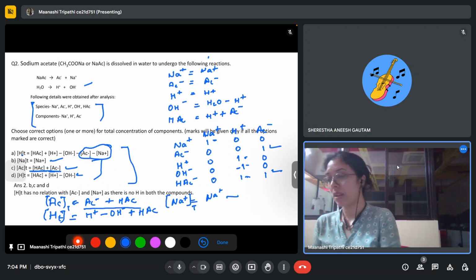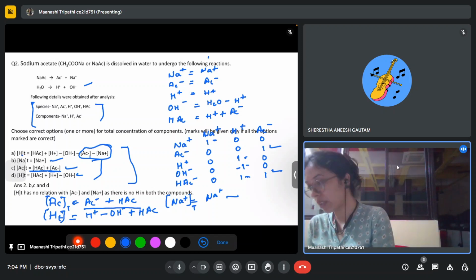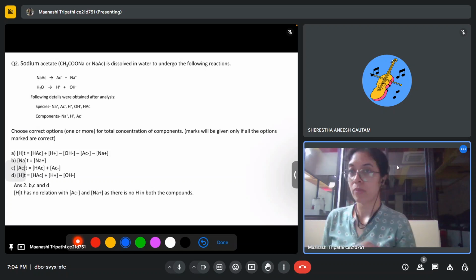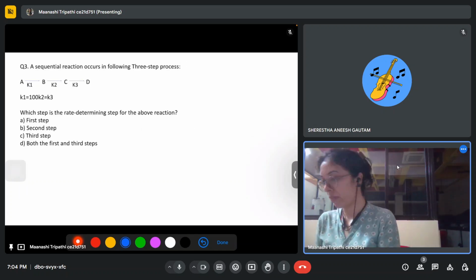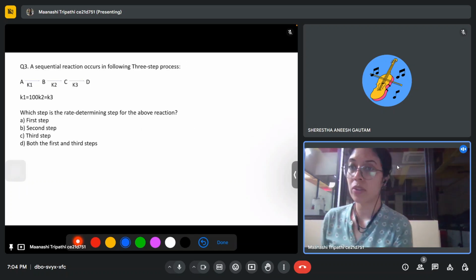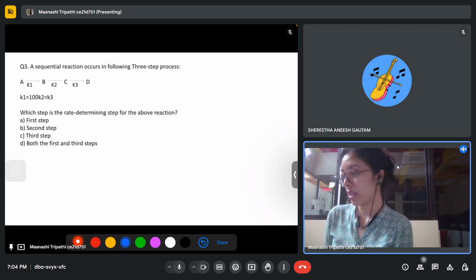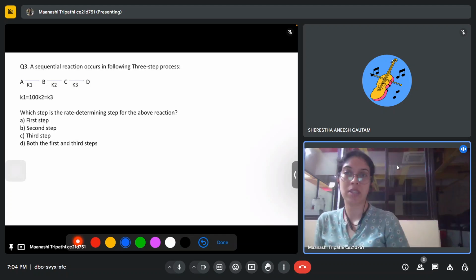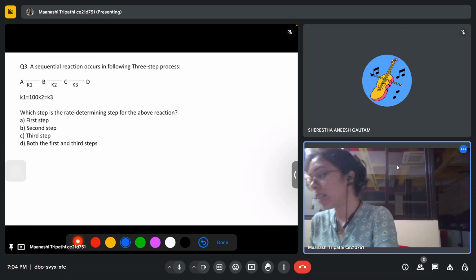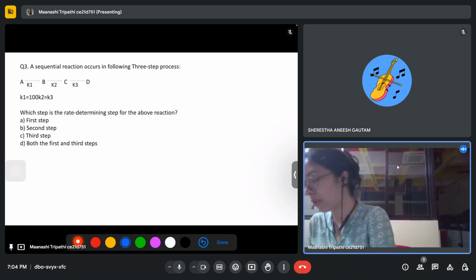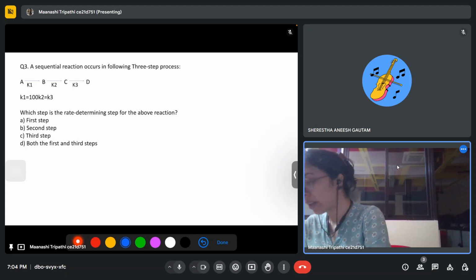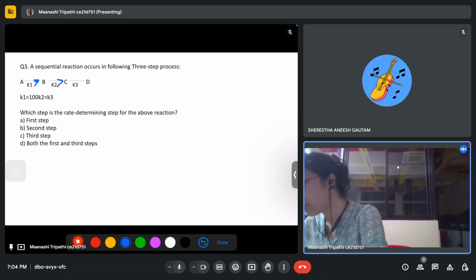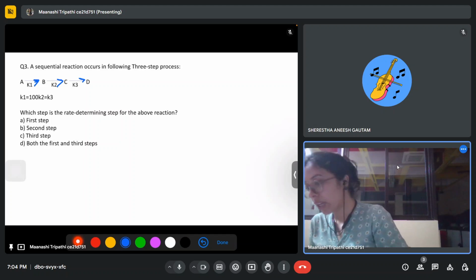Okay, let's move towards the next question. Question number 3 is a memory based question or just a question of understanding. There is no numerical. A sequential reaction occurs in the following 3 processes. This we have discussed, right? A is converting to B, B to C and C to D. These are the rate constants K1, K2 and K3.